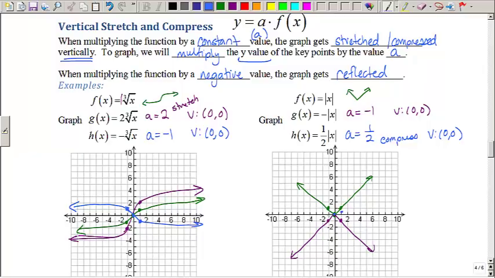Instead of going left 1 and up 1, I'm going left 1 and up 1/2, which makes my V shape much flatter or wider. Technically, the graph is not getting any wider. All the points on this green line are just getting pushed down. They're half as tall as they used to be. So all the points are getting pushed down, so it's really more flat than it is wide, because we're talking about a vertical stretch or a vertical compression.